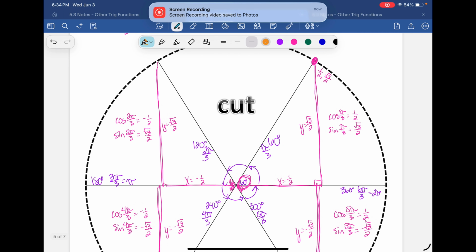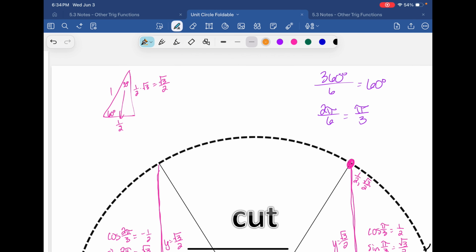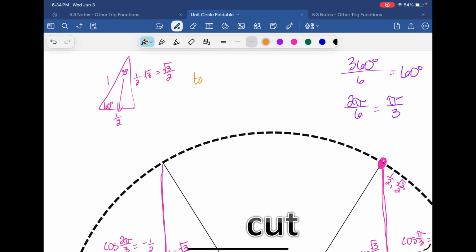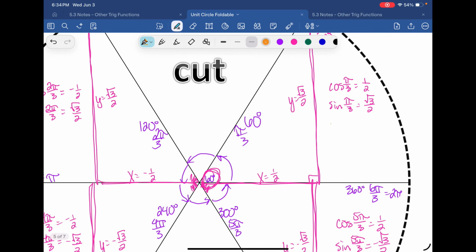Okay, now we're on our 60 degrees. This is all pi over 3 here. Remember, tangent pi over 3 is y over x. I have that right here. Division of fractions, multiplication by a reciprocal. We get root 3. So tangent pi over 3 is root 3.